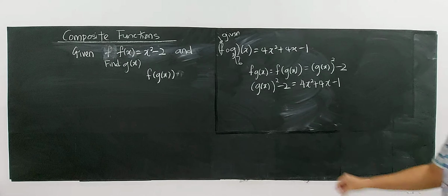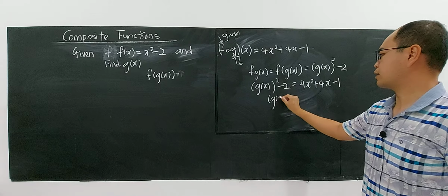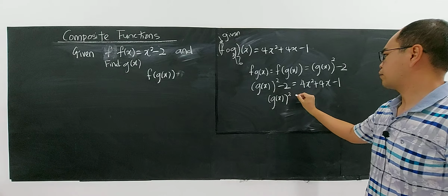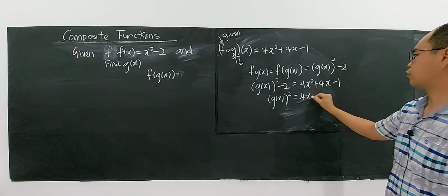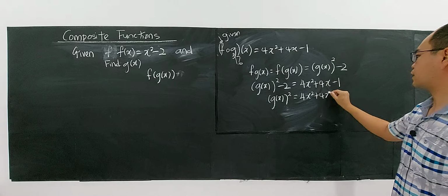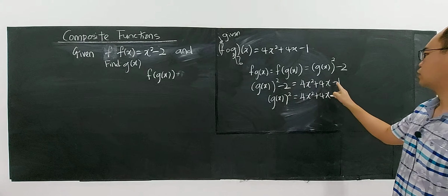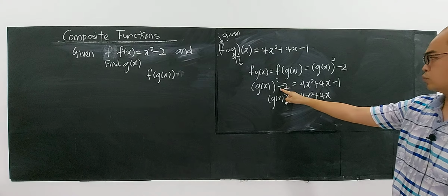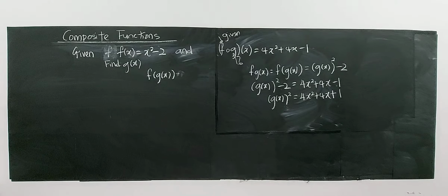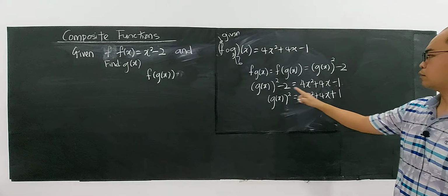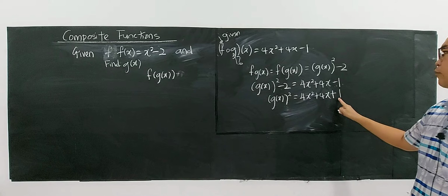Because you want to find g(x), g(x) squared is going to equal 4x squared plus 4x minus 1 plus 2. Minus 1 plus 2 gives plus 1.